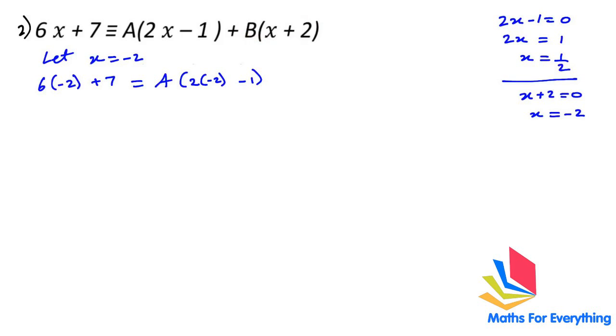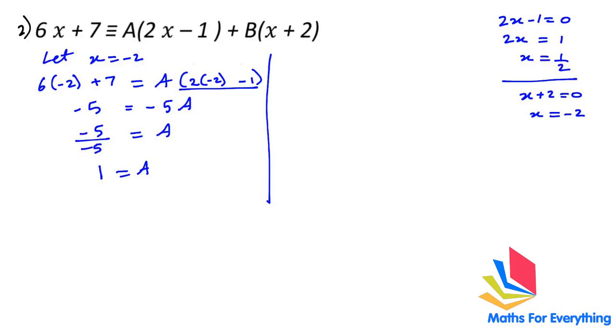So B is cancelled, and we will have negative 5 is equal to negative 5A. When you put this in the calculator, you will get negative 5. Divide both sides by negative 5. This will get cancelled, and 1 is equal to A.